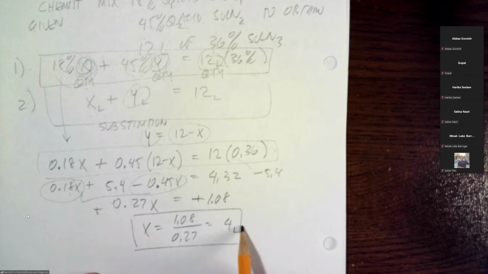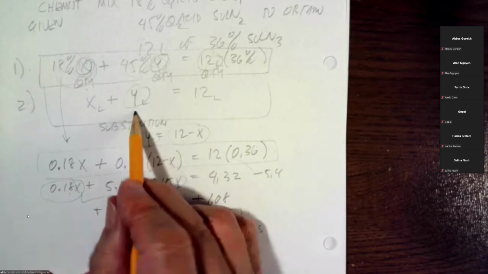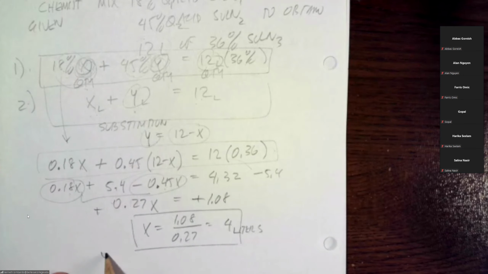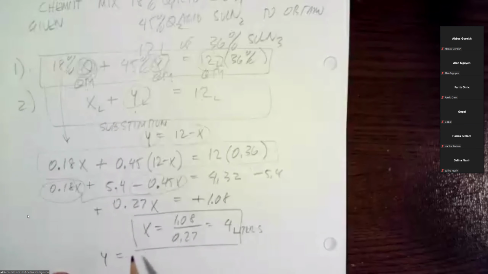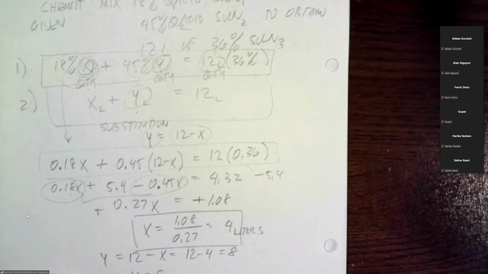Liters. Okay, if that's the case, and then I want to solve for y, well, up here I had y equals 12 minus x, which is 12 minus 4, which is 8. So it looks like y equals 8 liters.